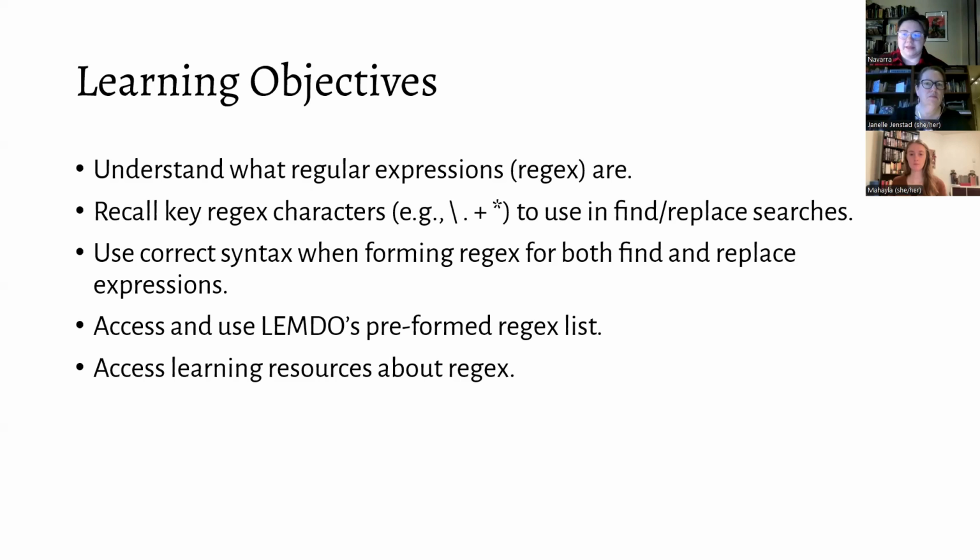And you should be able to create some regular expressions following the correct syntax. Finally, you should be able to find and use some resources, including LEMDO's documentation, which includes our preformed regex list, and some external learning resources.